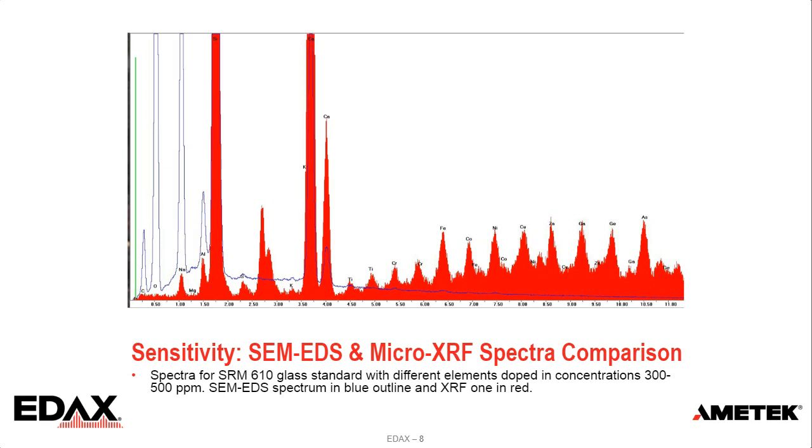But as we go to the higher Z side, we see a bunch of the doped trace elements popped up in the XRF spectrum, and we barely see them in the EDS spectrum. We can see a little bit of chromium, iron, and nickel in the EDS spectrum, but for all the other trace elements, we do not see them at all. So Micro-XRF has much higher sensitivity for the higher Z elements.